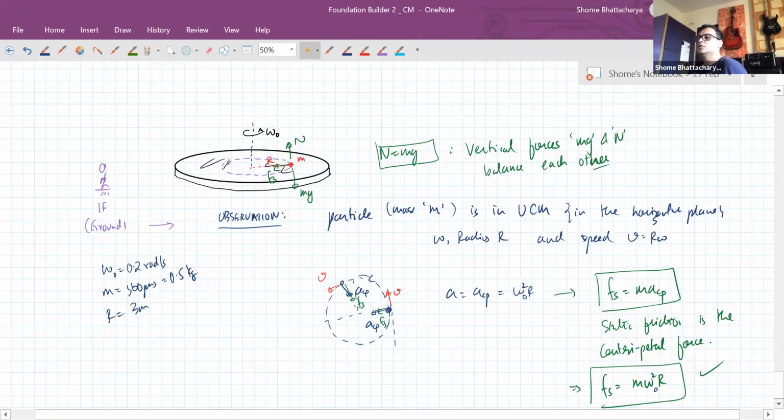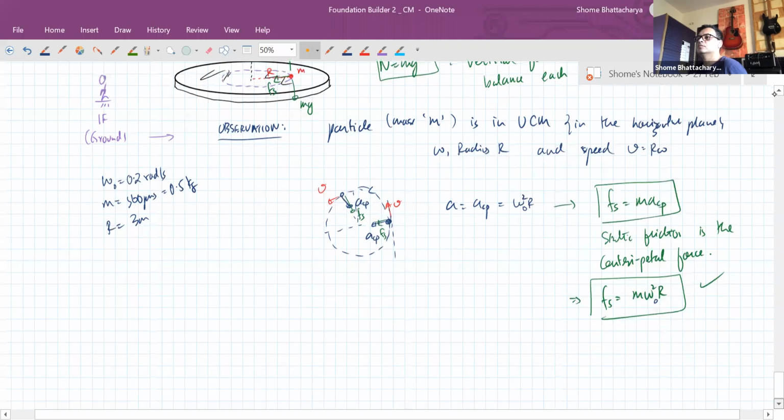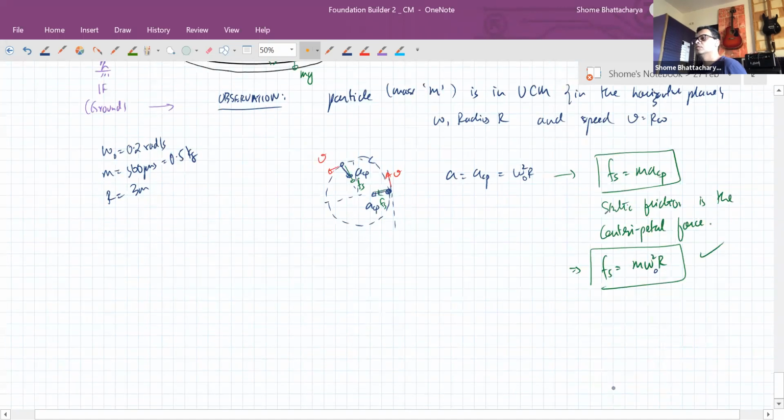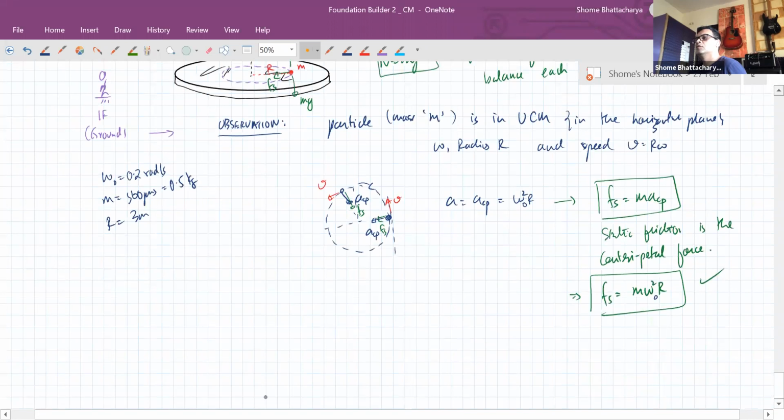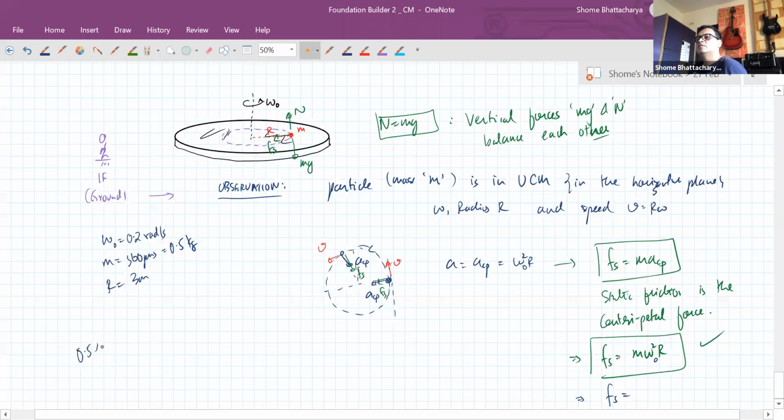We'll substitute those values here. So this frictional force will have a magnitude of 0.5 into 0.2 square into 3. So it will be 0.06 newtons, whereas mg will be equal to normal reaction.